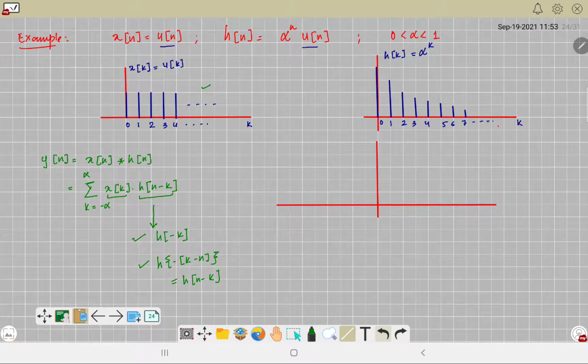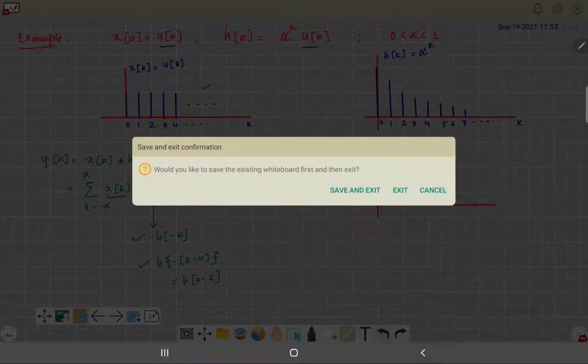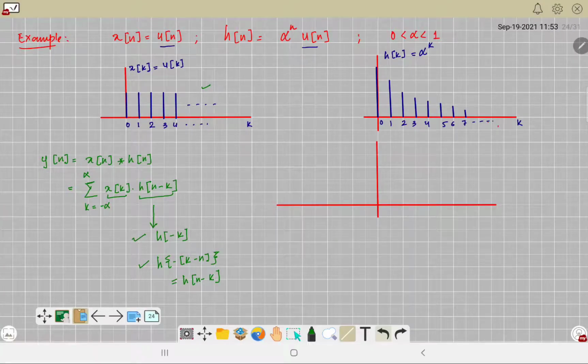तो फोल्डिंग में आपके वैल्यूज स्वैप हो जाएंगे. So 0th value it will stay as it is. 1 will come to minus 1, so I mean whatever the value is like this. 2 will come to minus 2, 3 to minus 3, like this.